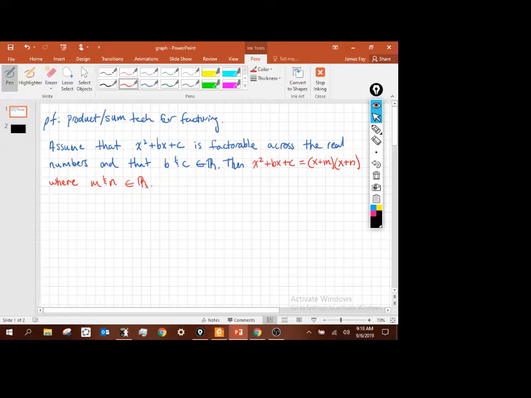We know it's factorable, so we know it will break down to x plus m times x plus n. Okay? And whenever I bring in new components, new arbitrary values, I'm going to tell you where they come from. I'm going to say that they're real numbers, okay?